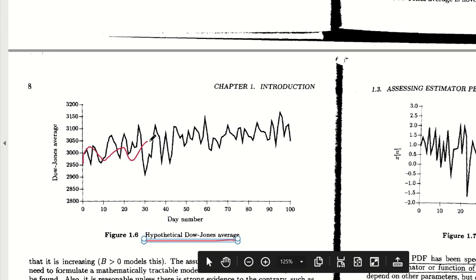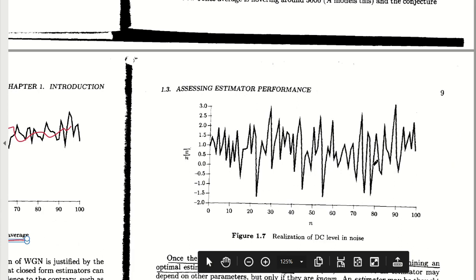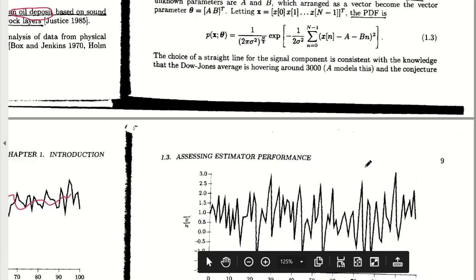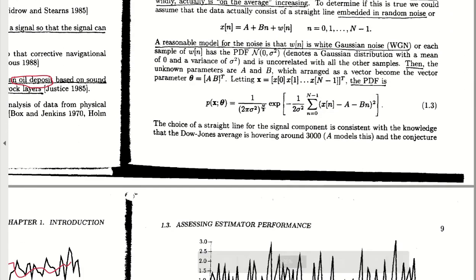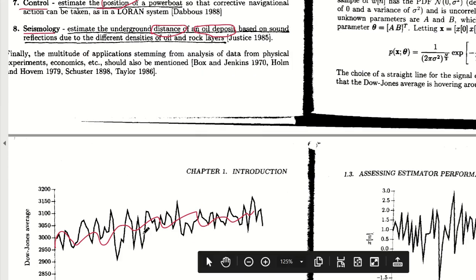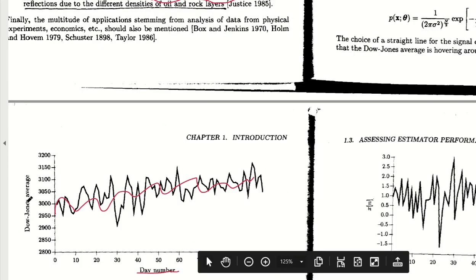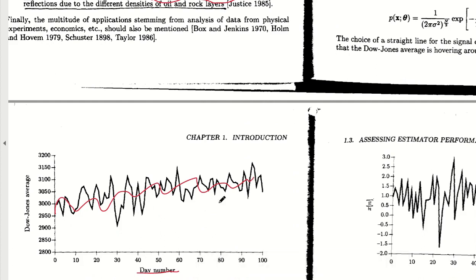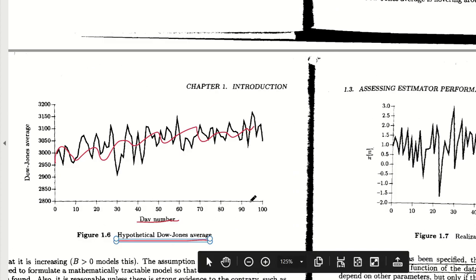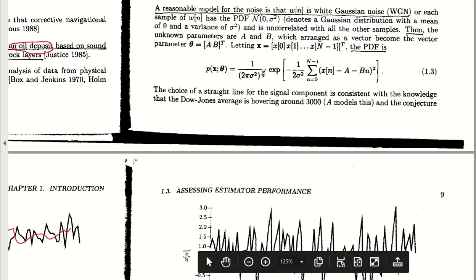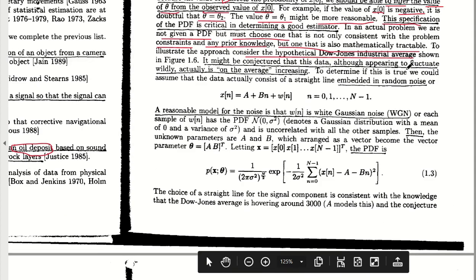It's going upwards with the time. We're going to determine how the Dow Jones average goes. It's an index, a numerical index, that goes with the time. That's the problem we are trying to see.